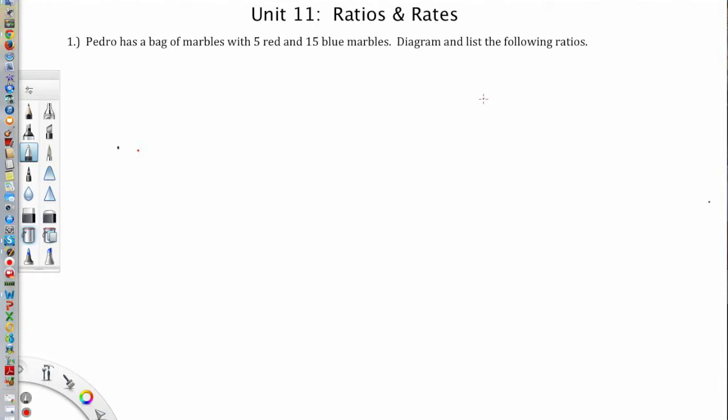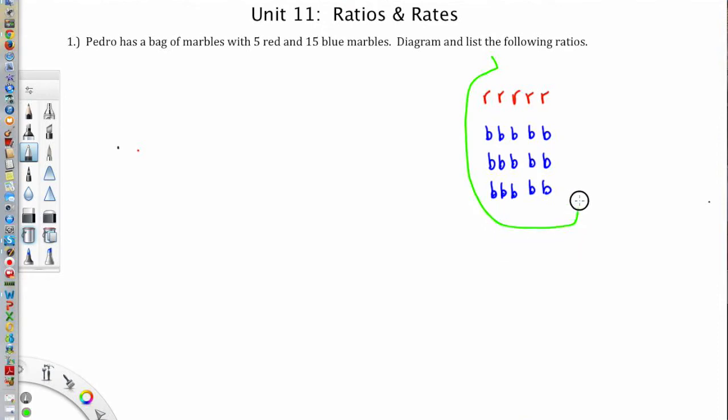Our bag of marbles would have 5 red, so 1, 2, 3, 4, 5 red, and then it would have 15 blue marbles, 1 through 15, and let's make it a big green bag, and we've got our bag of marbles right there.